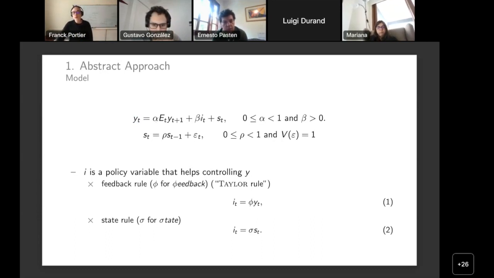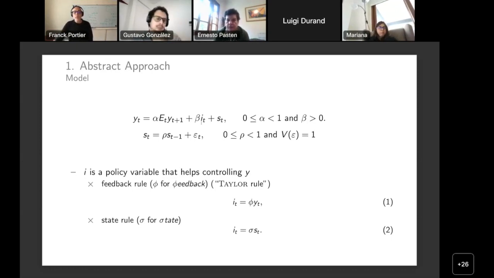Then it also depends on this instrument I. Obviously, you can think of I as being the nominal interest rate, but here it's an abstract model. And then it depends on a shock, s_t, which here is the only state of the economy, and this shock is autoregressive of order 1 with variance 1 for the innovation.